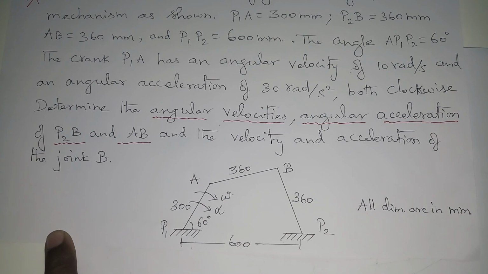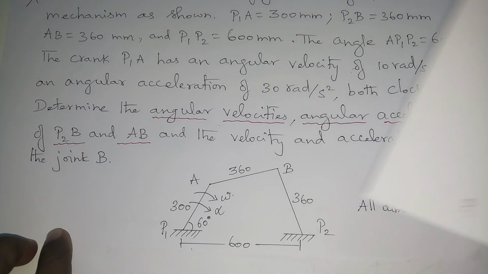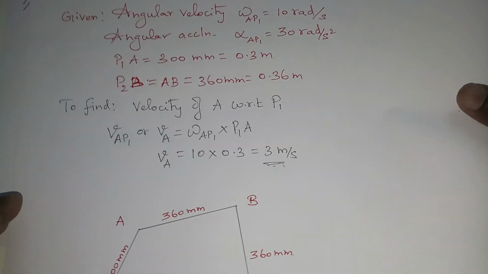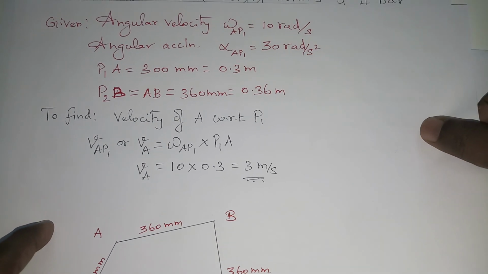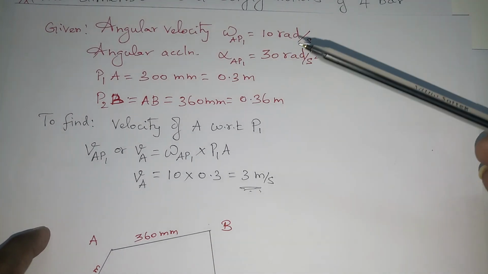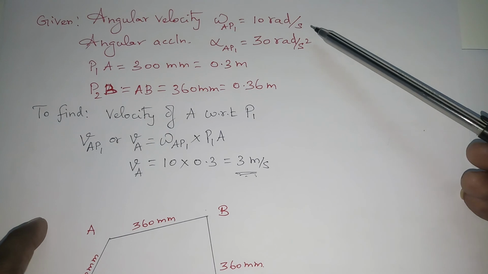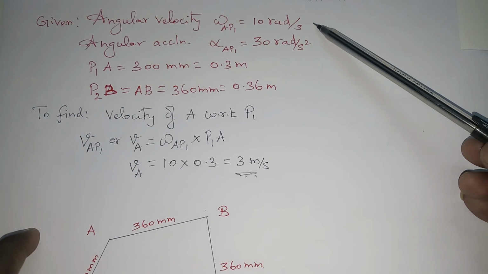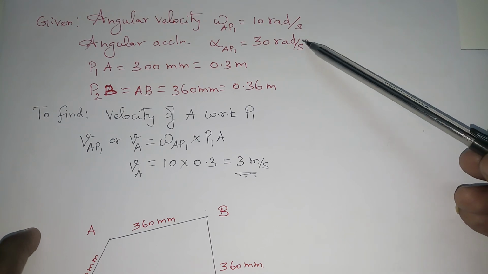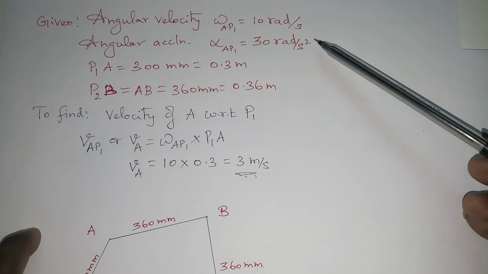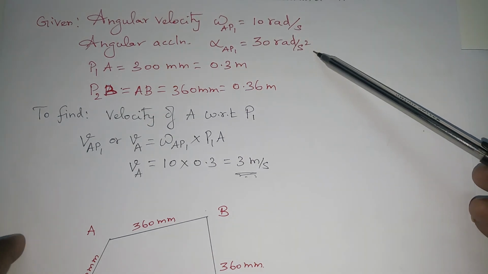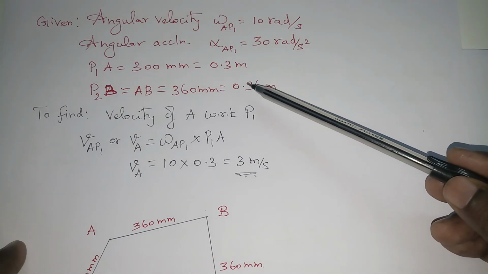Next, first write the given data for the given problem. Here you can see the angular velocity is given directly. Instead of speed they have given angular velocity, 10 radians per second, and the angular acceleration alpha, 30 radians per second square, and the length of each link.